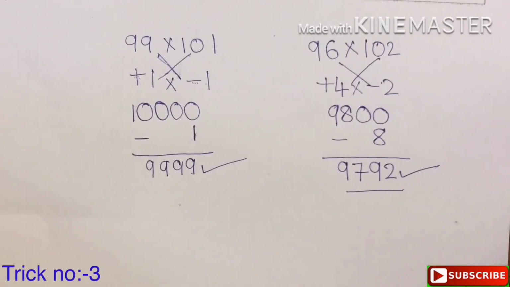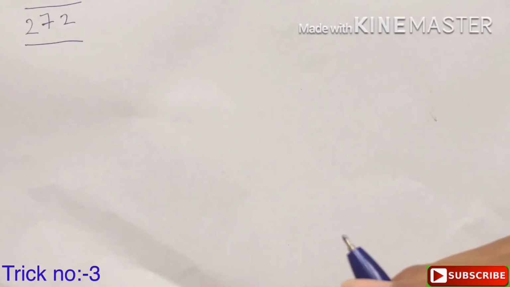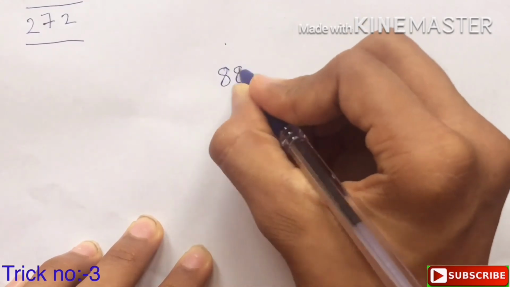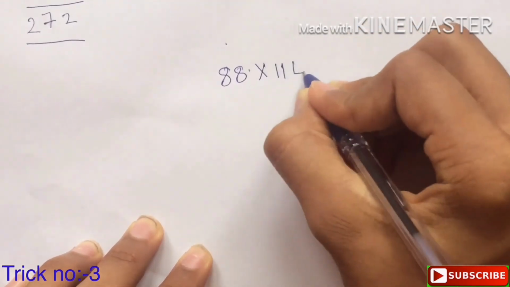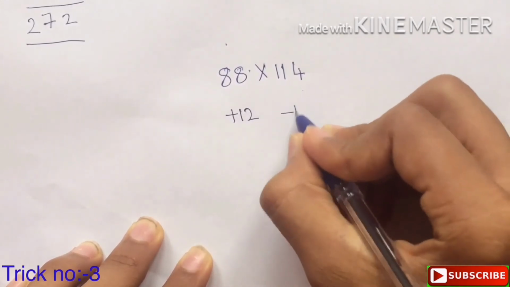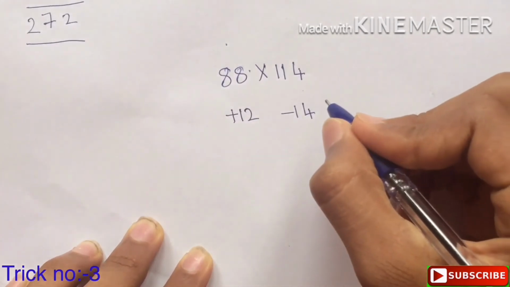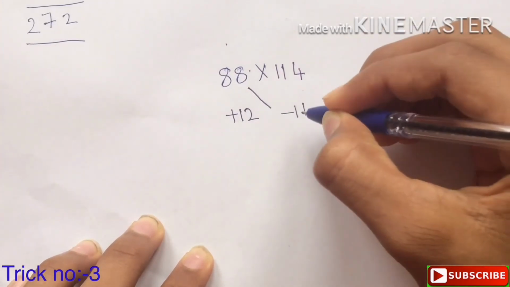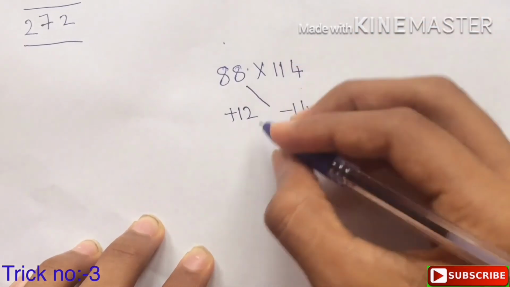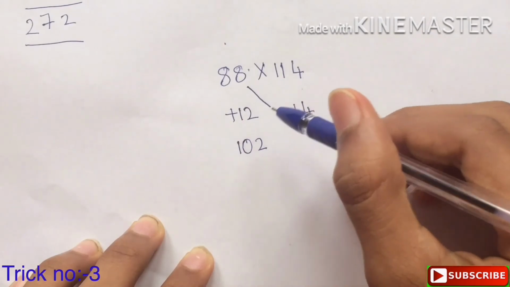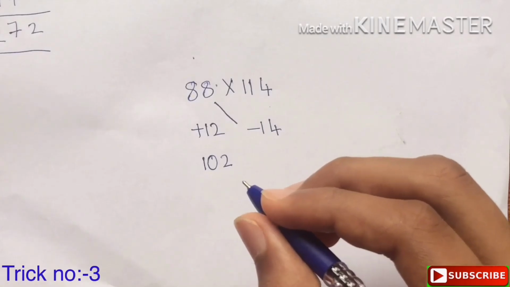So we can work out our last example in this video. 88 multiplied by 114. For 88, if we do plus 12 we get 100, and for 114 minus 14 we get 100. And our step number 2 is cross method. 88 plus 14 is 102, and even 114 minus 12 also we get 102. No doubt at all.